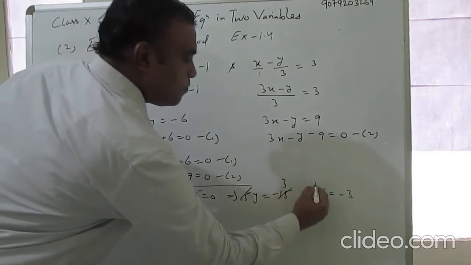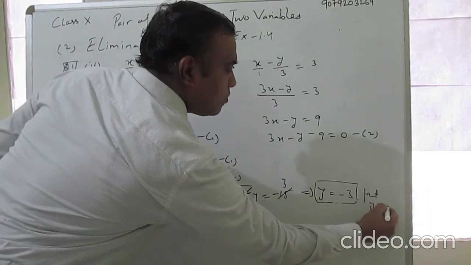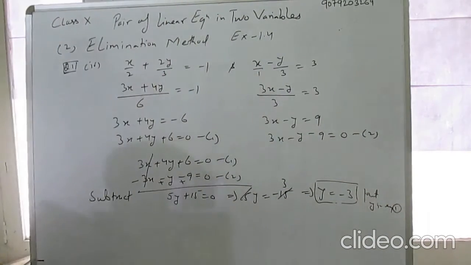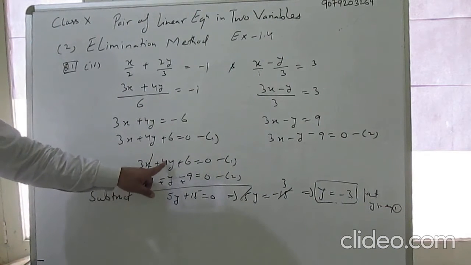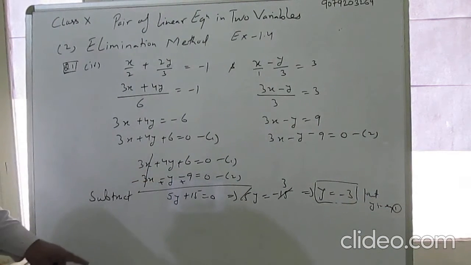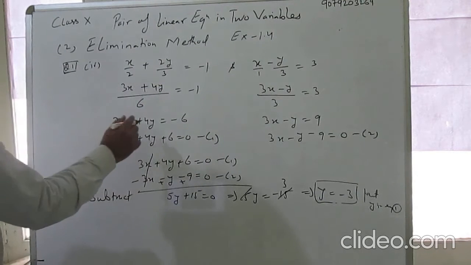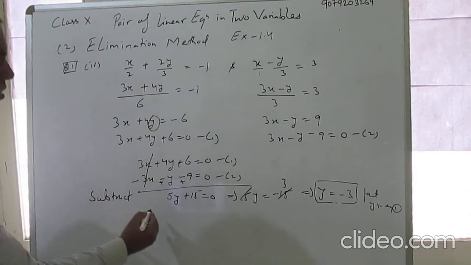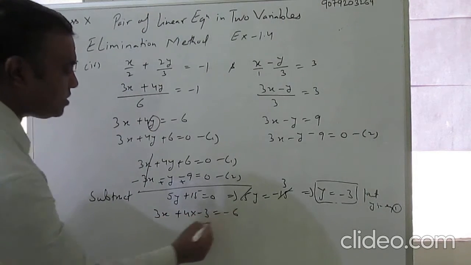Now what you do, put y in equation 1. We could also have found x by eliminating it; if we eliminated y, x would come. So put y in equation 1. Removing y, what do we put? Minus 3. 3x plus 4 into minus 3 minus 6.